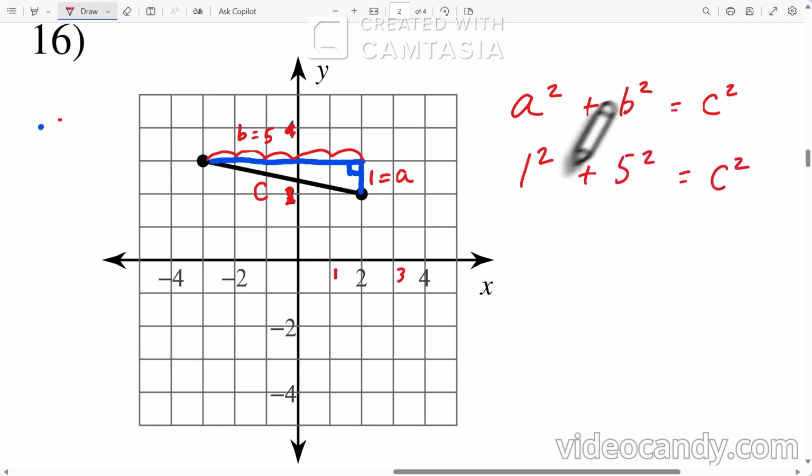But really, at this point, you can take the square root and find the answer. The opposite of squaring something is square root. You want to do the same thing to both sides. Square root of C squared is just C. And I'm going to do the square root of 1 squared plus 5 squared on the calculator.